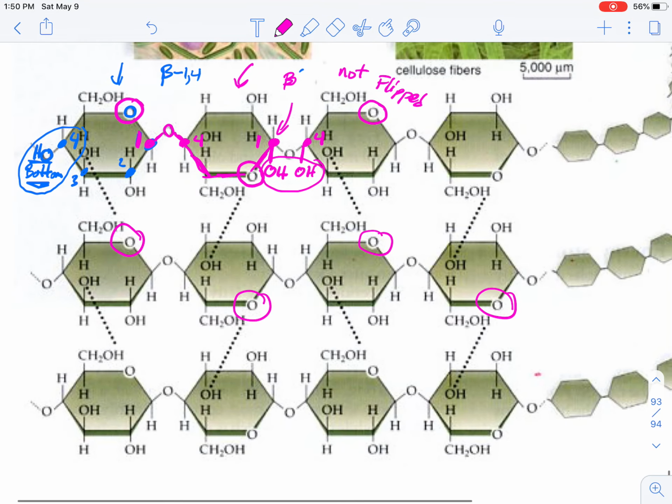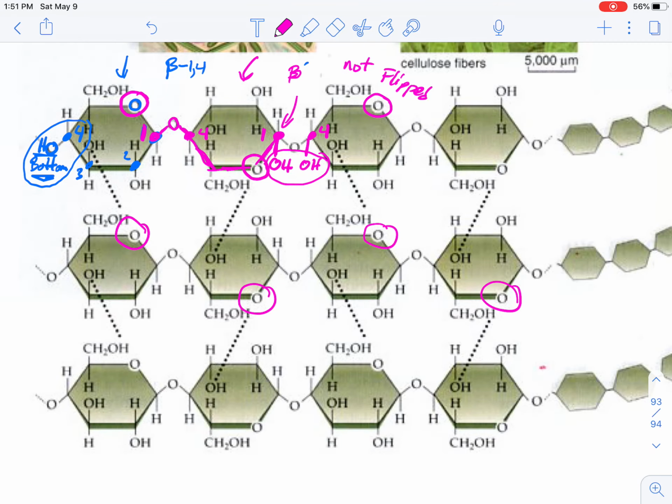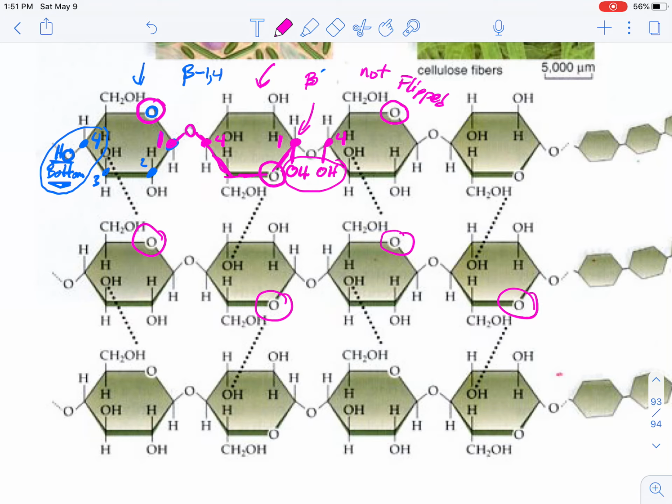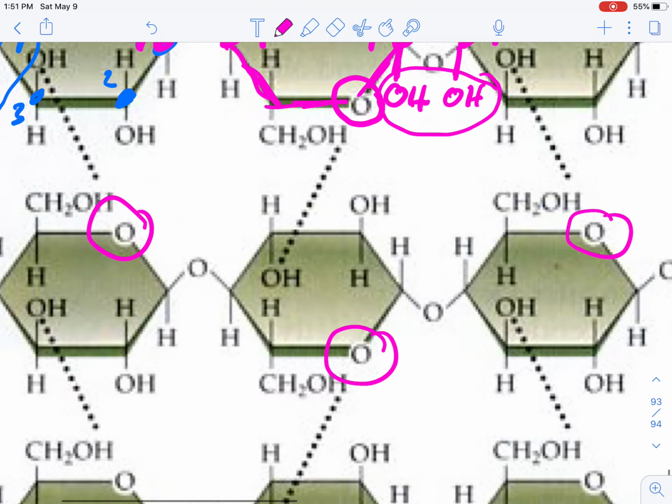And so the beta 1,4 glycosidic bond conforms a very specific spatial arrangement of these glucose monomers, such that on a more global level, because the glucose monomers are right side up and then flipped, right side up and flipped, it allows the hydroxyl groups among different strands of cellulose to interact together, forming a hydrogen bond.